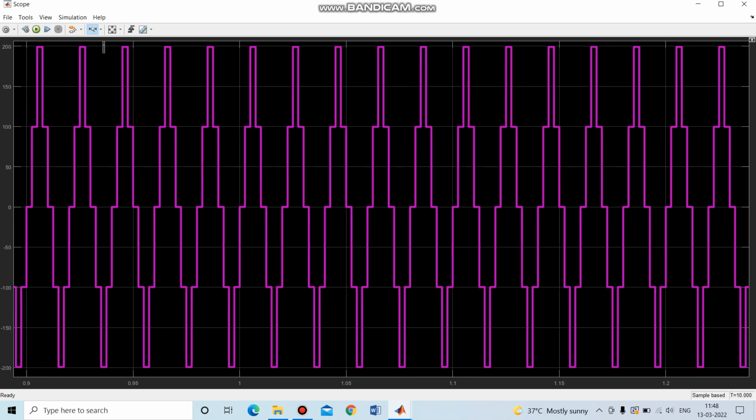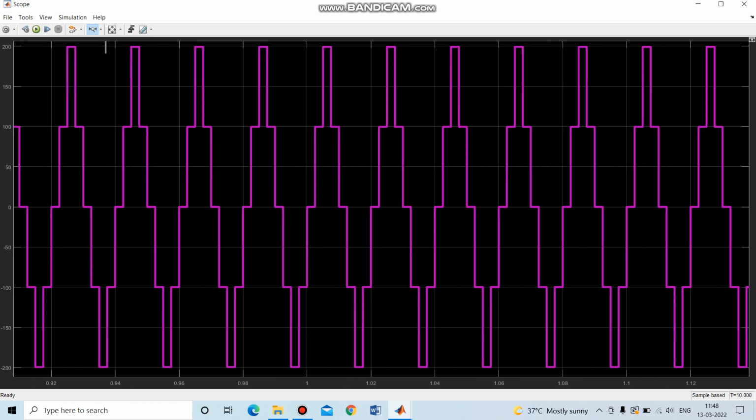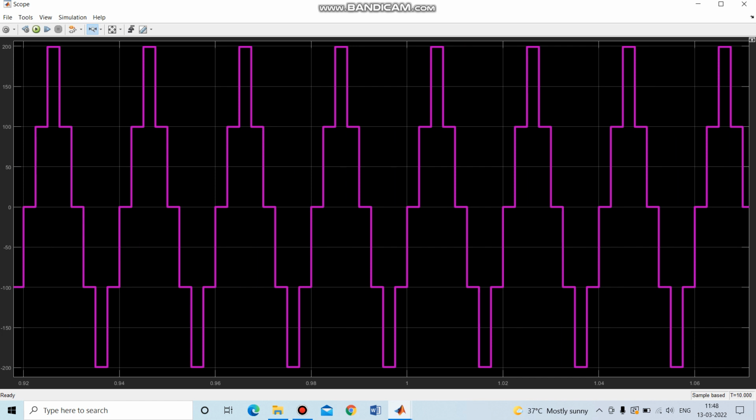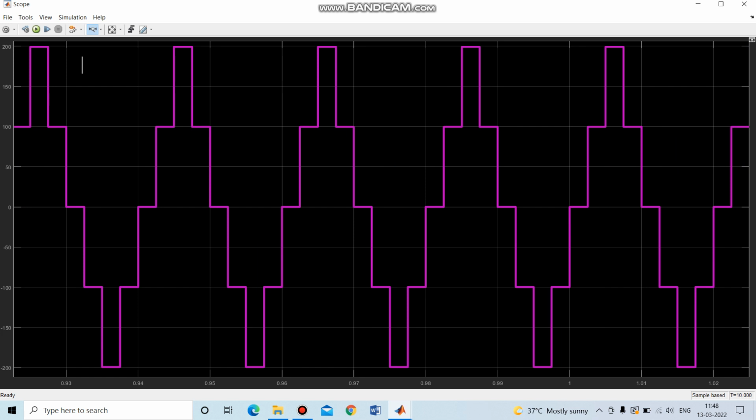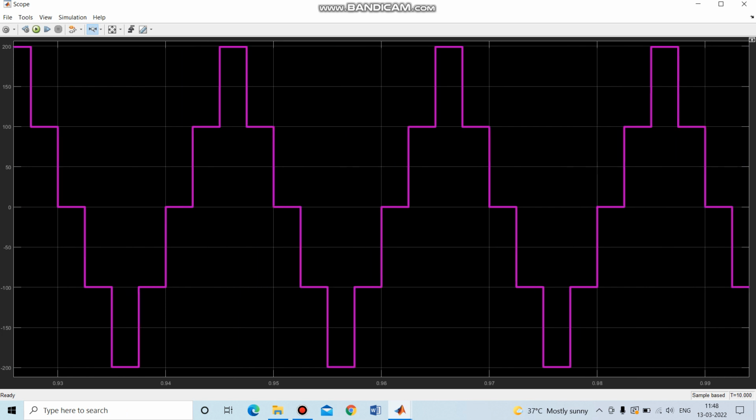This is how we obtain a 5-level output. We can see clearly from 0 volt, then 100, then 200 volt, then again 100, then 0 volt, minus 100 volt, and again minus 200 volt. We can clearly see the waveform. So this is finally your 5-level cascaded output waveform.